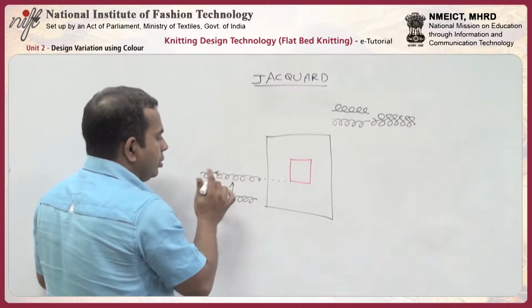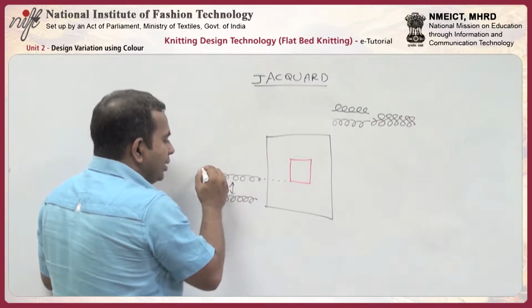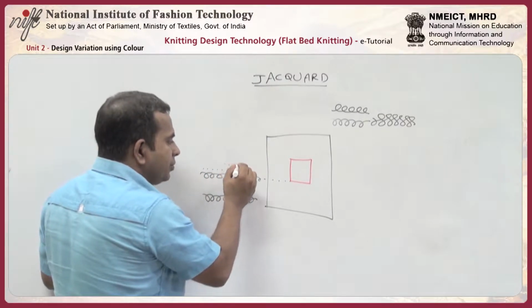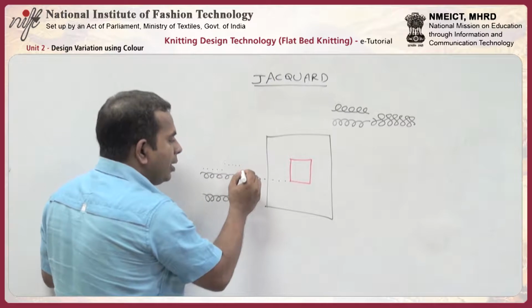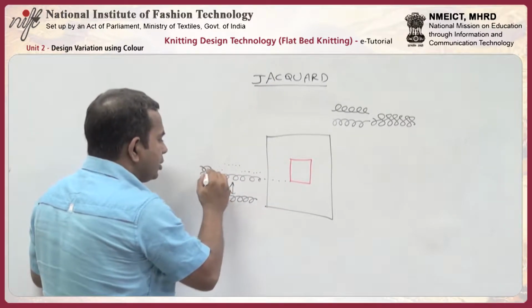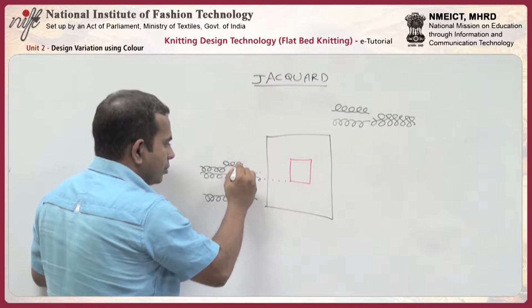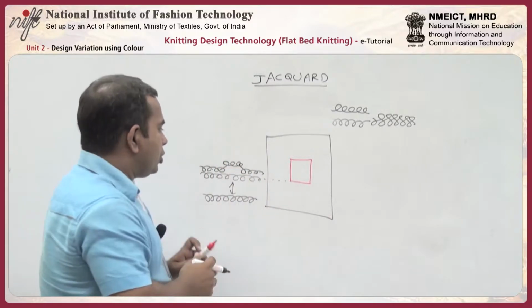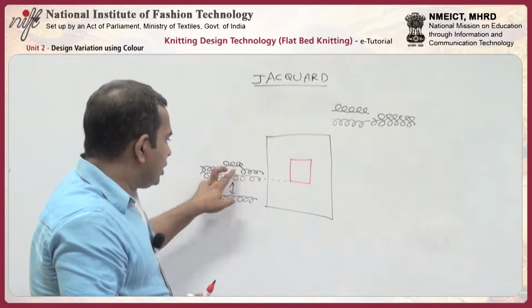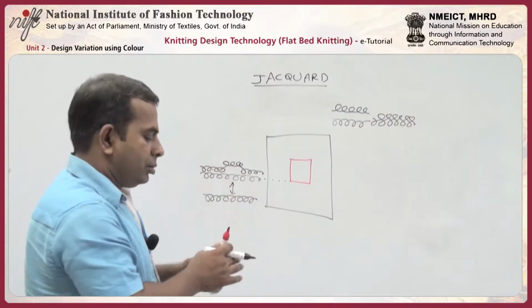At this point here we will select a few needles from the front bed, and we will select a few needles from the back bed, again a few needles from the front bed, and we will knit these this way. So we have a gap here. The front needle bed in this area are not knitting.